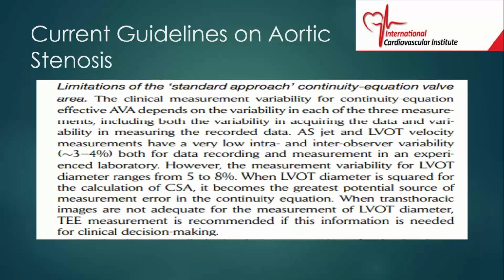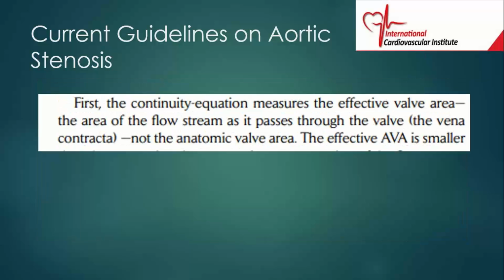If you use multiple windows, your maximum velocity is going to be pretty close, whether it's the same person doing it or another person doing it over. The aortic jet, you don't usually get a lot of variation. There's more variation with the LVOT velocity. Well, not a lot. It's about 5 to 8% variation. So there's more variation with the LVOT measurement.